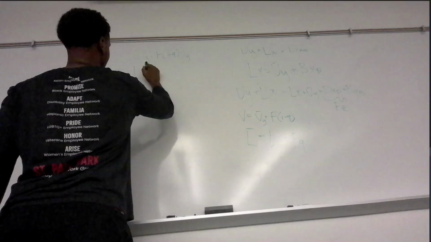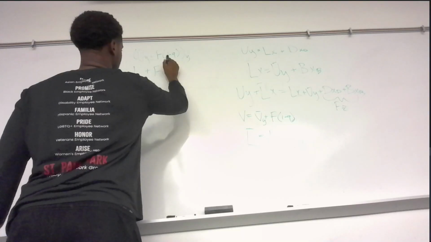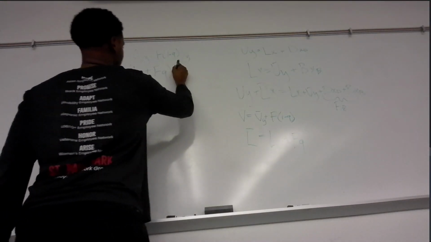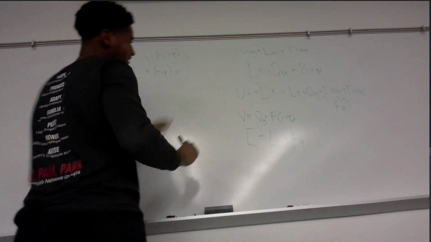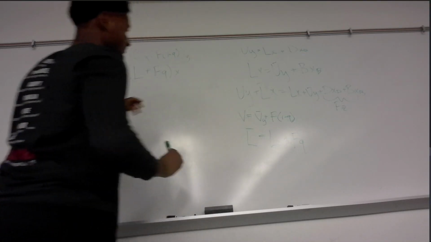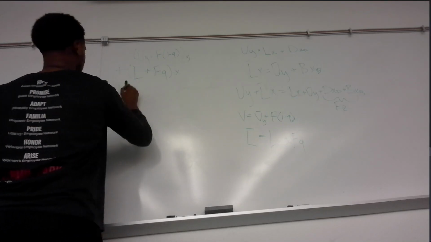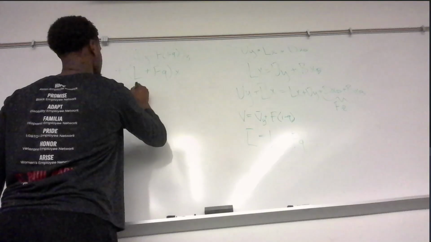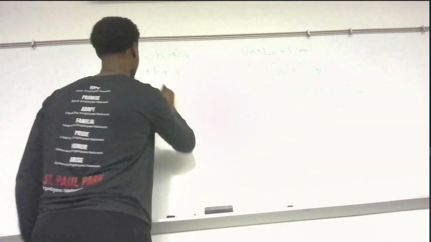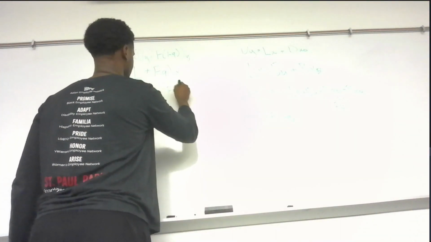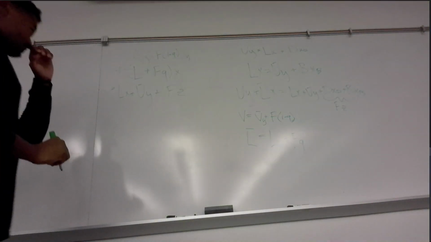So L plus Fq multiplied by x. And this is all equal to that entire right side. So Lx plus V bar y plus Fz.